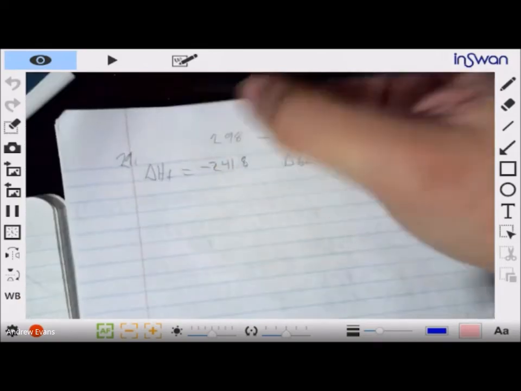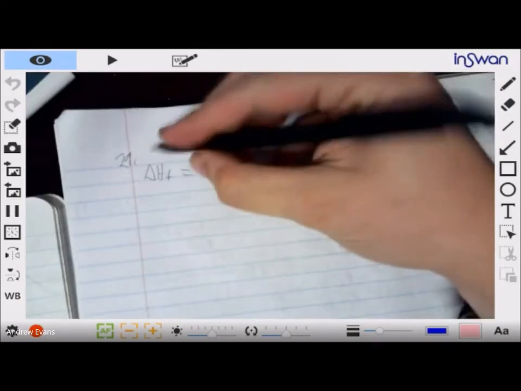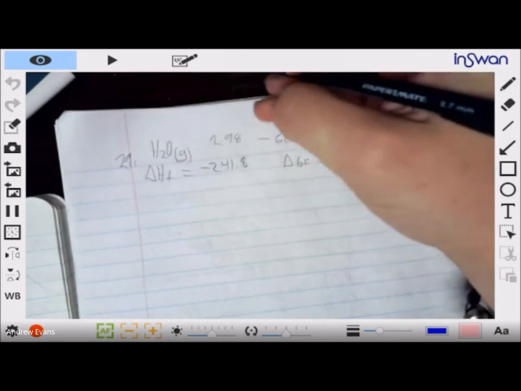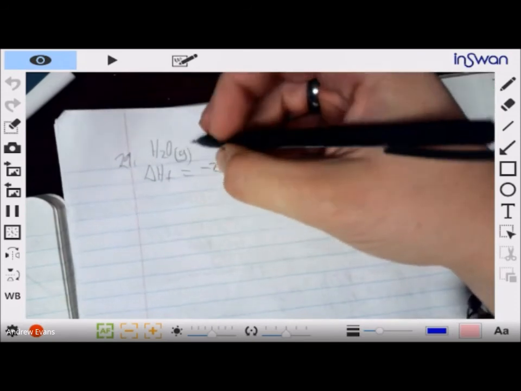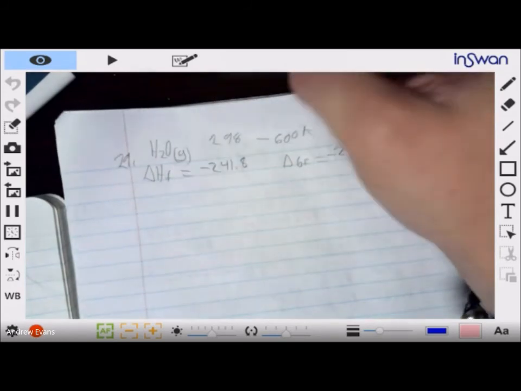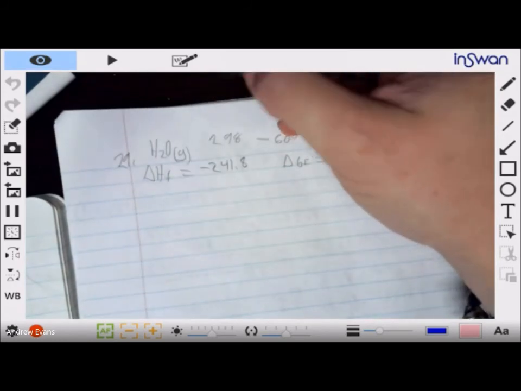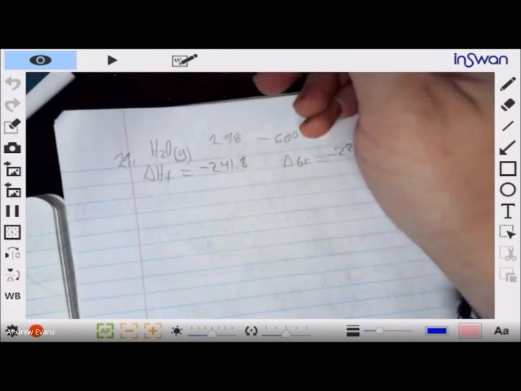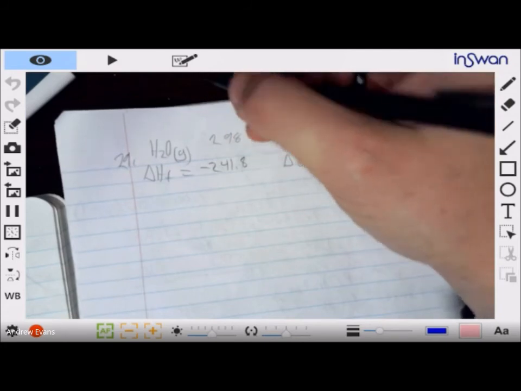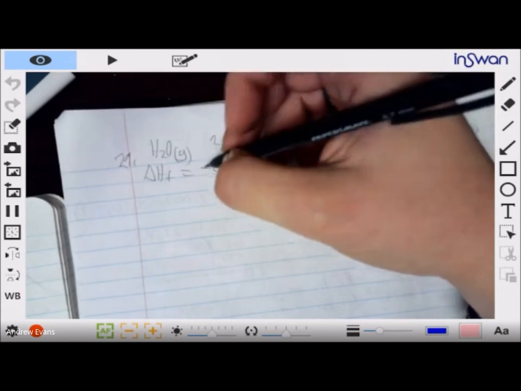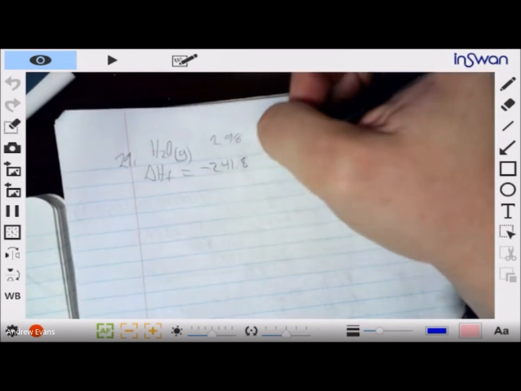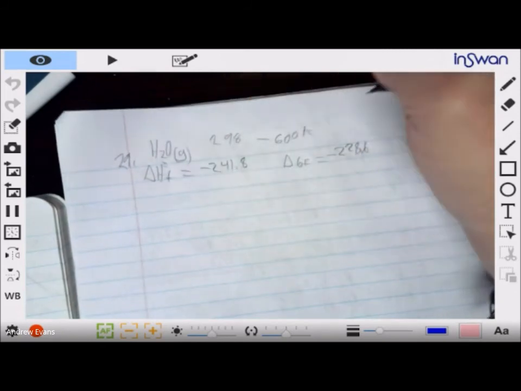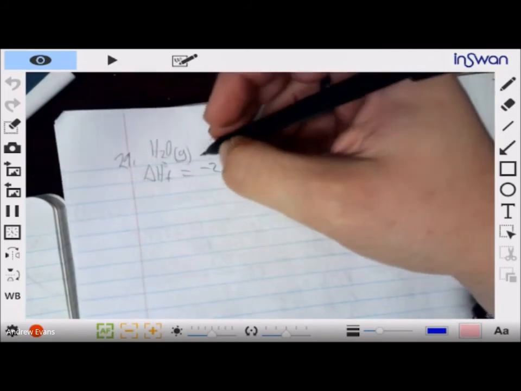So, number 29 asks us to calculate how much Gibbs free energy would change if you went from 298 to 600 Kelvin for steam? So for this value, you need the enthalpy of formation of steam, and you need the Gibbs formation of steam at 298.